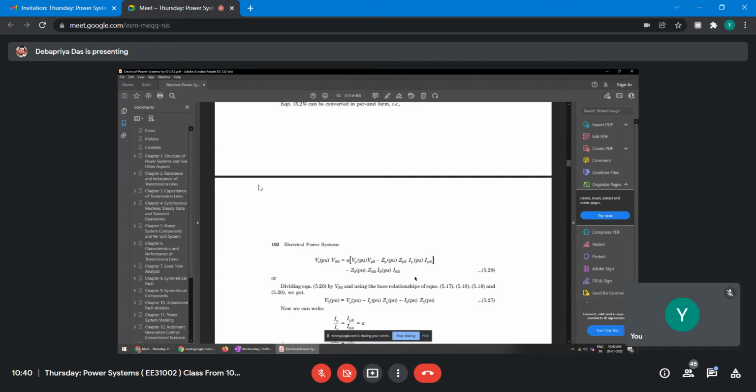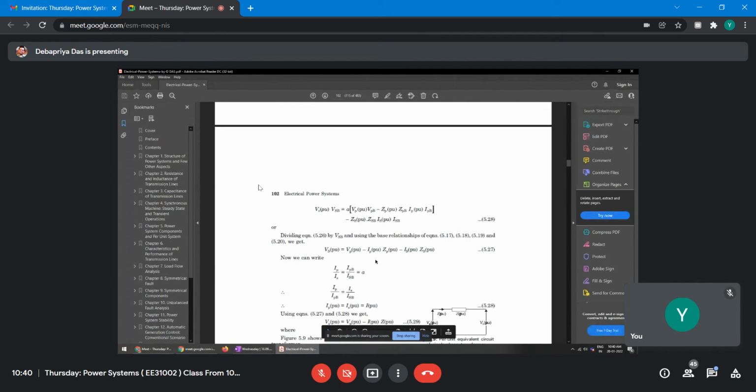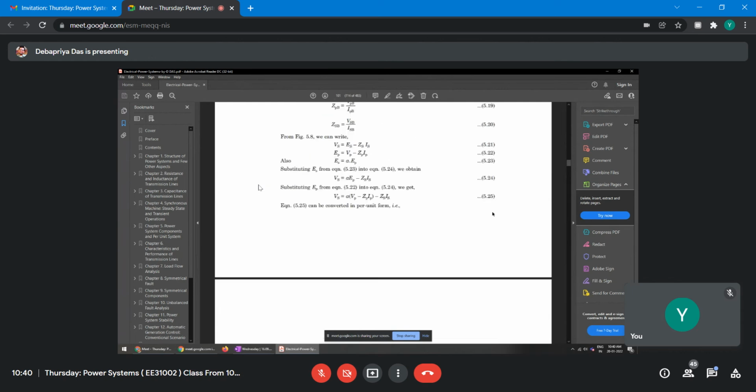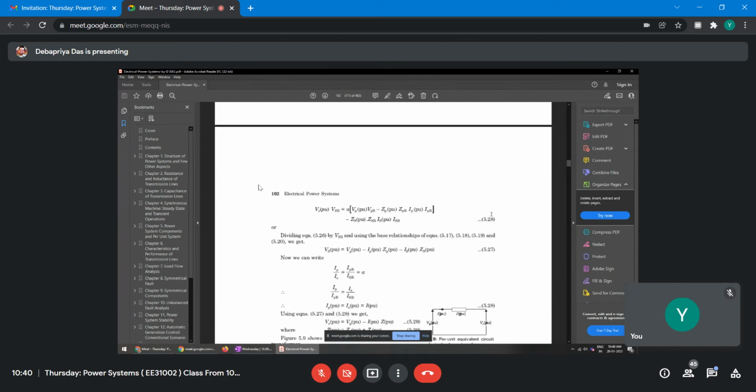Now if you divide both sides by VSB, this will be VS per unit, and use all the relationships from equations 17, 18, 19 and 20. Actually this is equation 25. There is a typographical error.